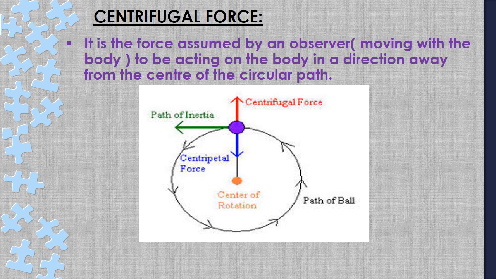That means this force is not a real force, it is just observed by the observer. See in the diagram, the center of rotation is shown by this dot, and the body is moving in a circular path, and centripetal force is acting towards the center of the path, whereas the centrifugal force is acting away from the center.